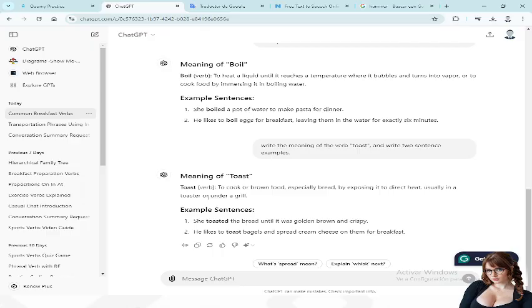Toaster or grill. Okay, and the example is: he likes. Remember that it's "likes" because it's third person.